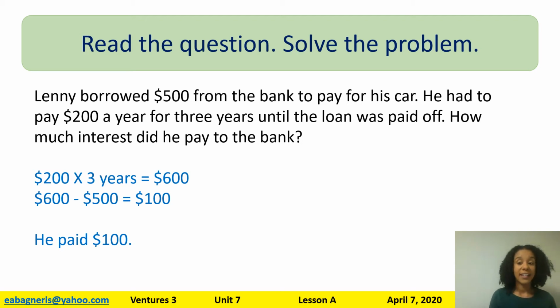So he paid $600 for his $500 loan. How much was the interest? The interest was $100. Do you understand? The bank charged Lenny $100 for borrowing $500.